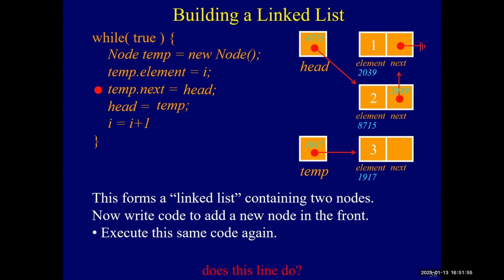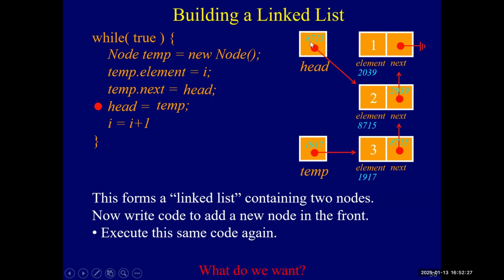And then what does this line do? It says temp.next. That's this box, right? Who do we want it to point to? We want to point to this record. Who's pointing at this record? Head's pointing at this record, right? So everybody see that line? That's this line points up here, right? Then we said head equals temp. Well, it just takes the value that's in temp.